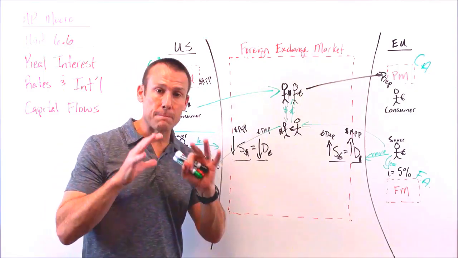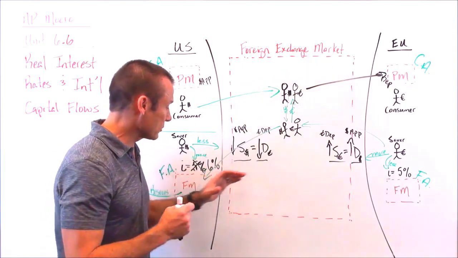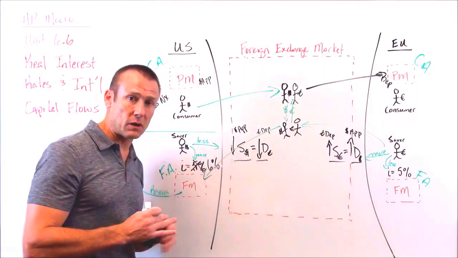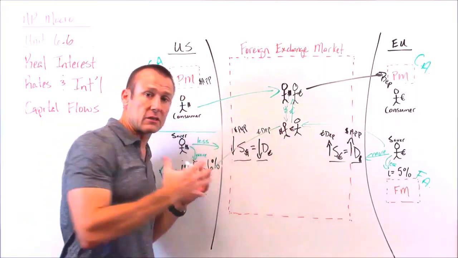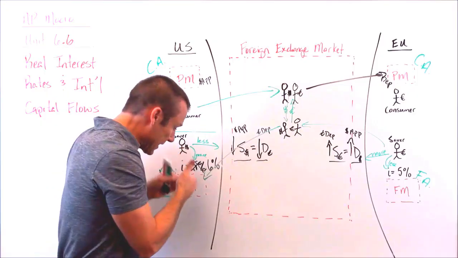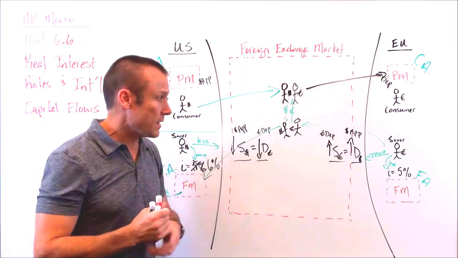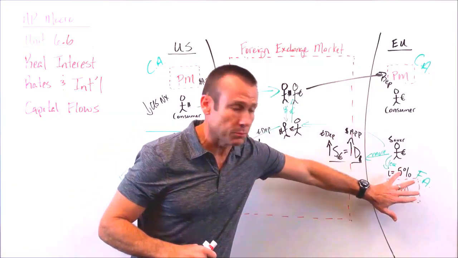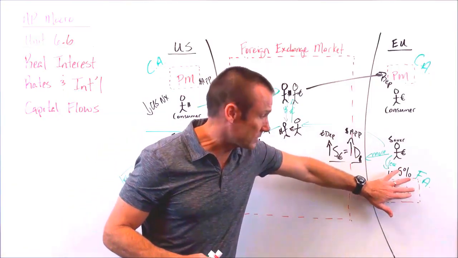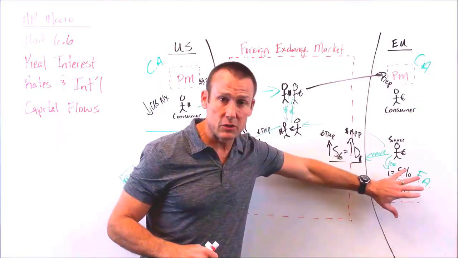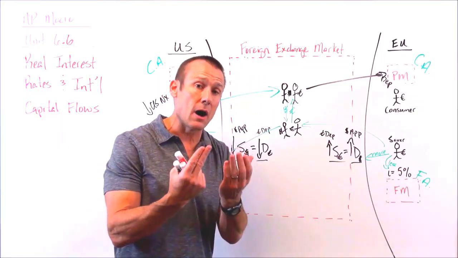Look which way the money is flowing. Money is going to flow into the U.S. financial markets. Well, this is going to be an increase in the supply of loanable funds heading into here. Well, what's that going to do to the interest rate? It's going to start to push it down. And you're going to see this reduction in the supply of loanable funds here. What's that going to do to the interest rate in Europe? It's going to start driving it up.